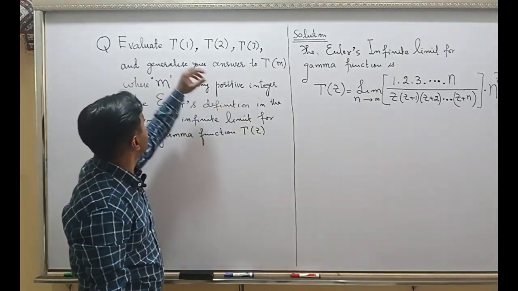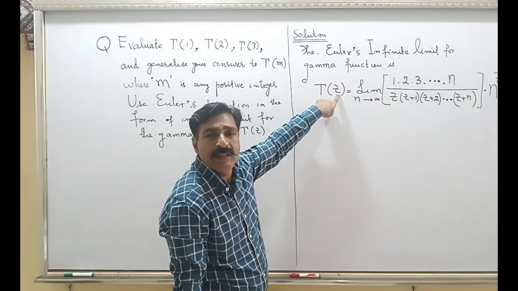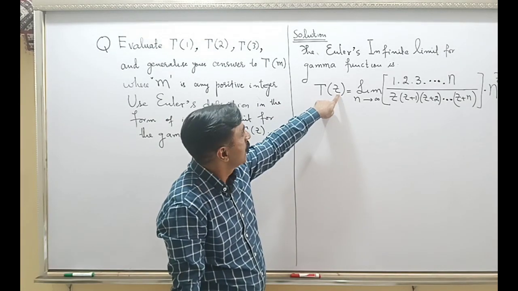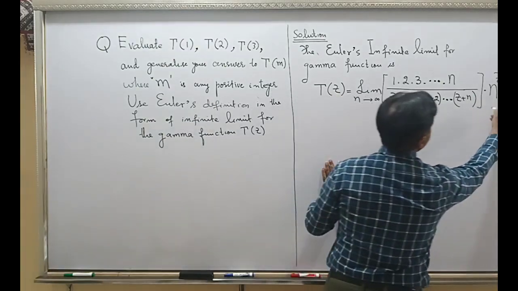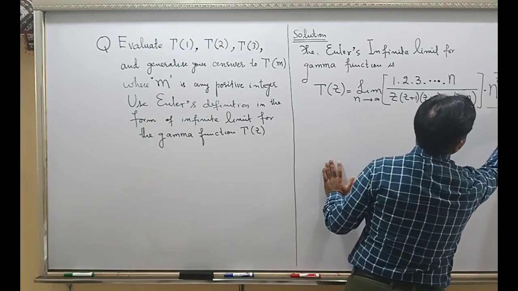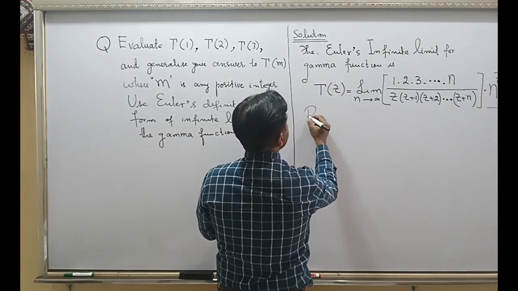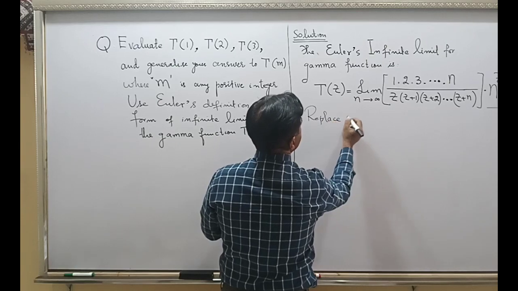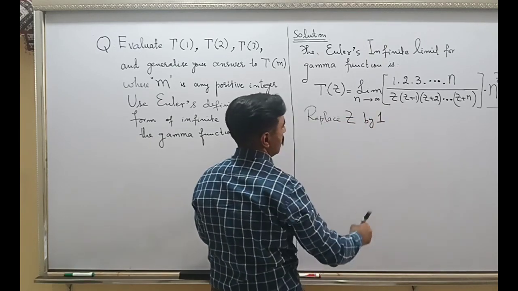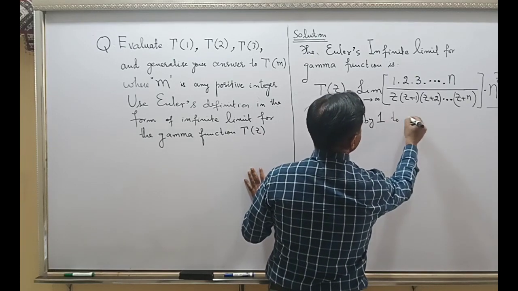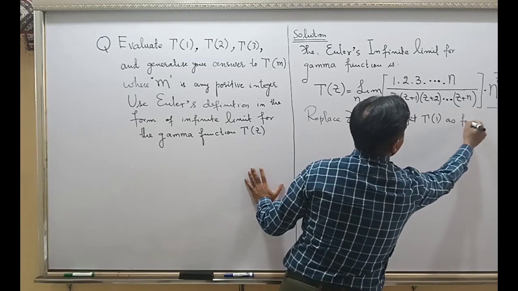Now you need to find gamma 1. So gamma 1 will be available when z is substituted with 1. You can also name this equation as equation number 1 in your solution. Replace z by 1 to get gamma 1 as follows.